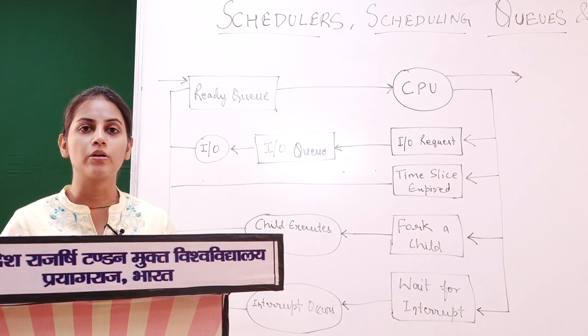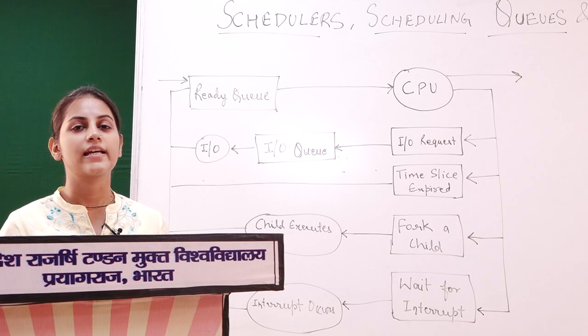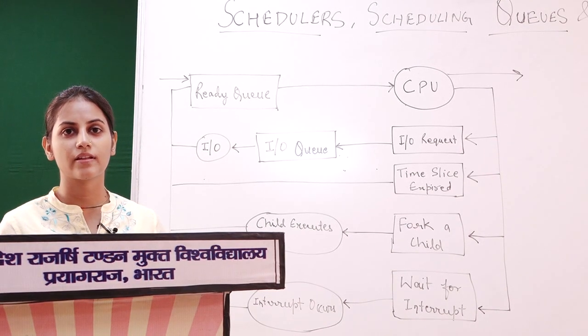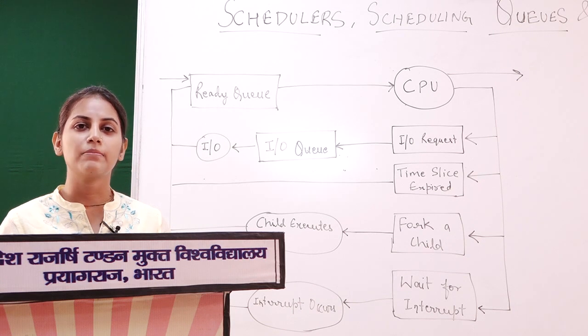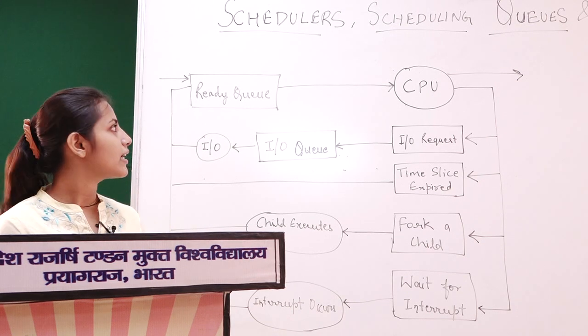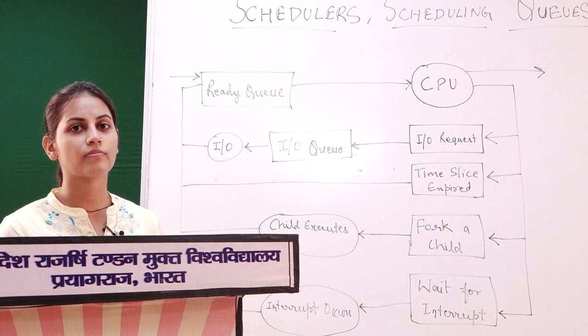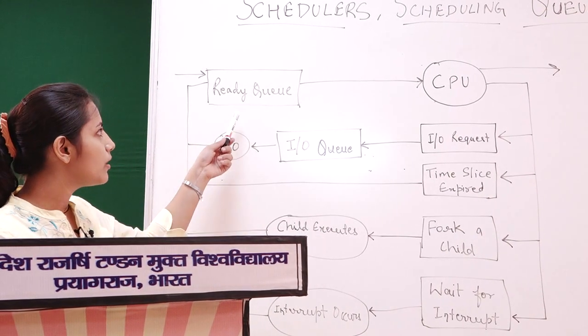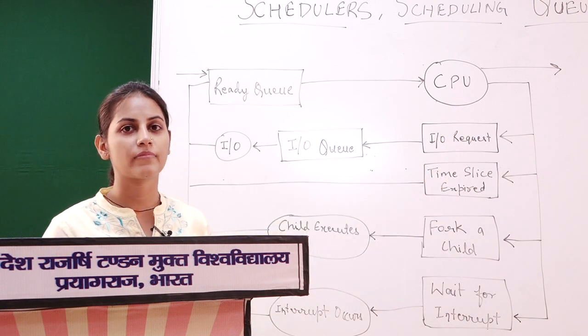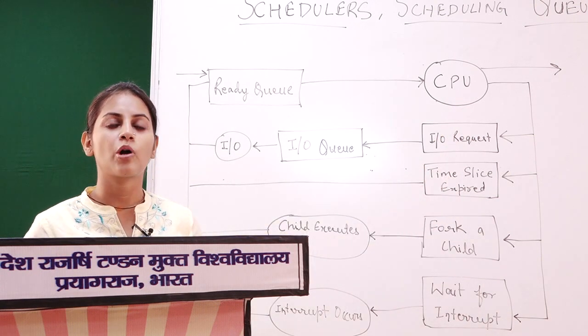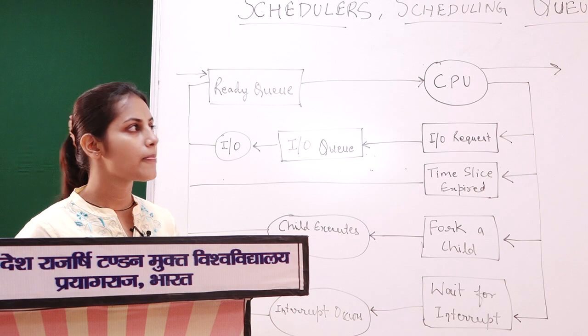As I already told you, once a process is submitted to the system, it is loaded into the main memory. In the main memory, the process is kept in a ready queue. From this ready queue, the CPU selects a process for execution based on a proper scheduling algorithm.